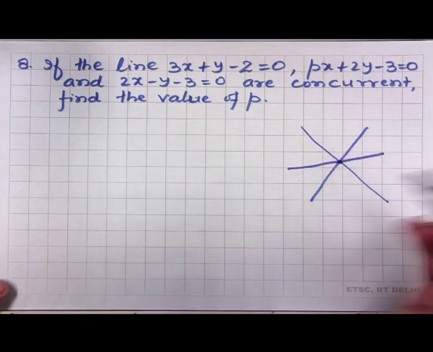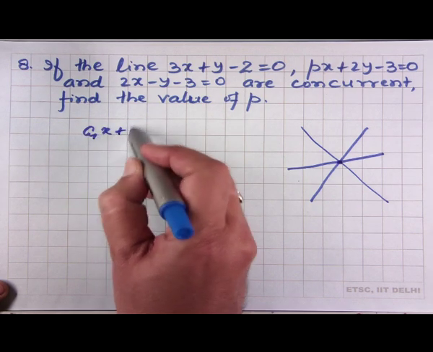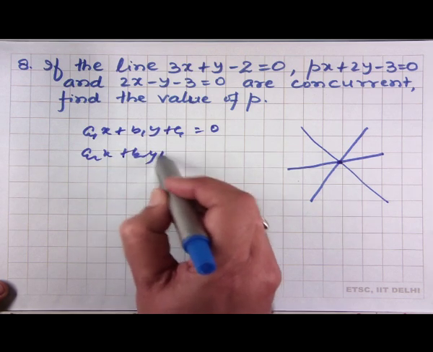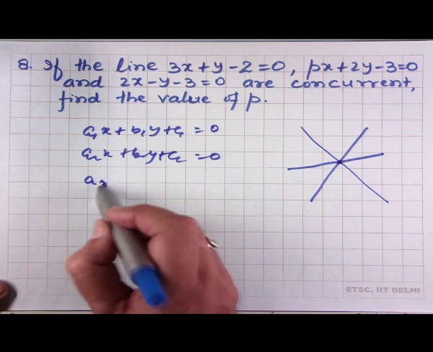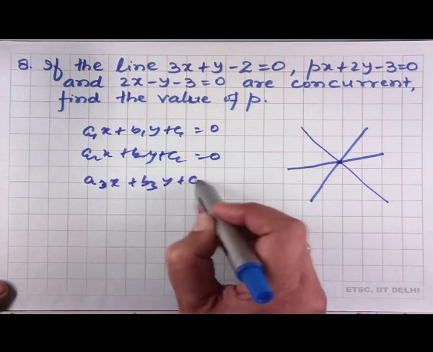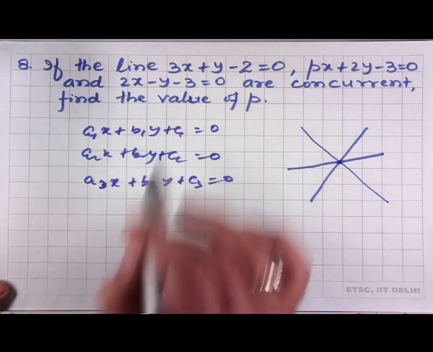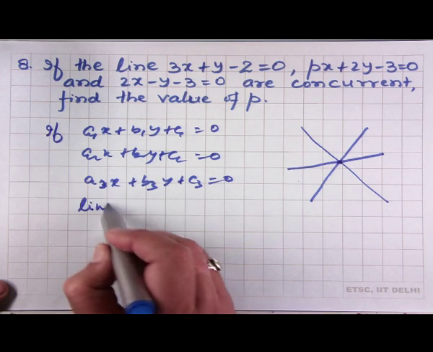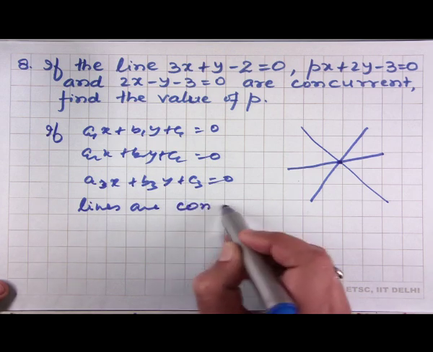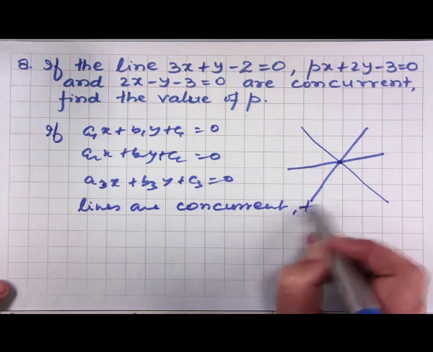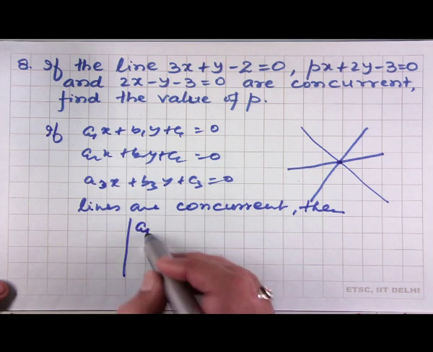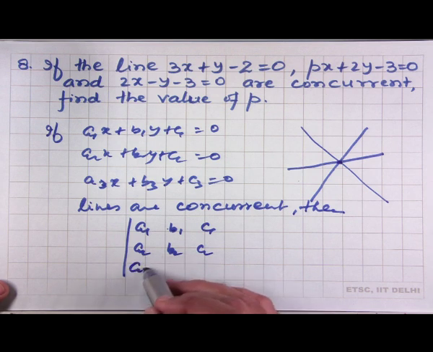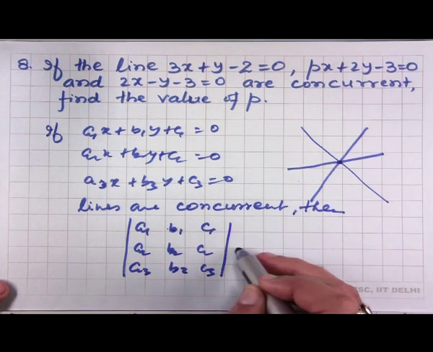So if any three lines, say a1x plus b1y plus c1 equal to 0, a2x plus b2y plus c2 equal to 0, a3x plus b3y plus c3 equal to 0, are concurrent, then the determinant with rows A1, B1, C1; A2, B2, C2; A3, B3, C3 equals 0.